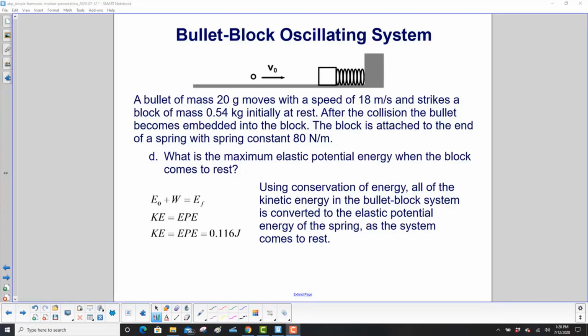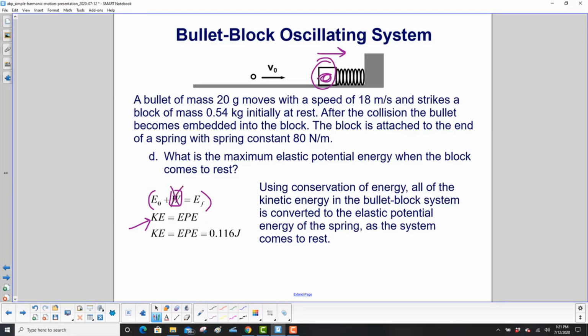What is the maximum elastic potential energy when the block comes to rest? So let's use a work energy equation here where the initial energy, which is all in the bullet block system when it starts moving, right before it compresses the spring, the only energy you have is KE. There's no work done. We're assuming a perfect spring that has no friction, so there's no external work, so this term goes out.